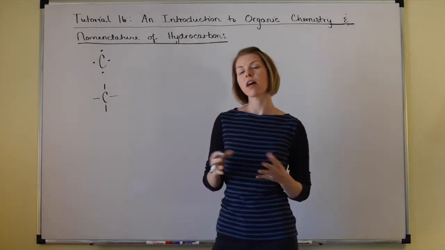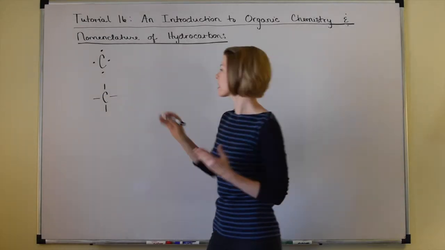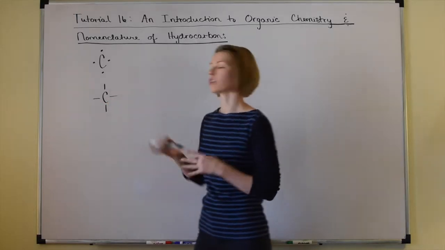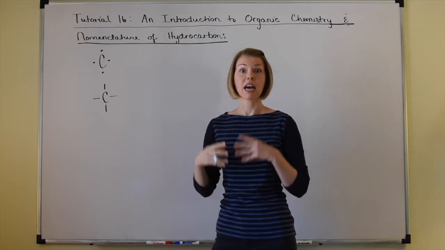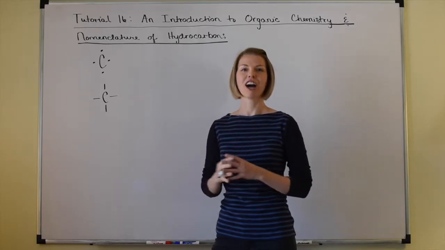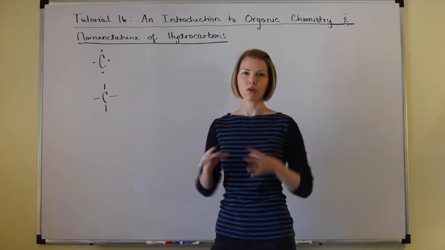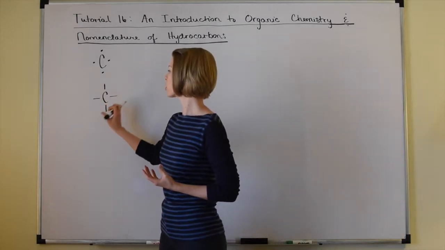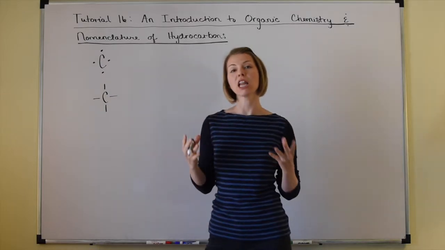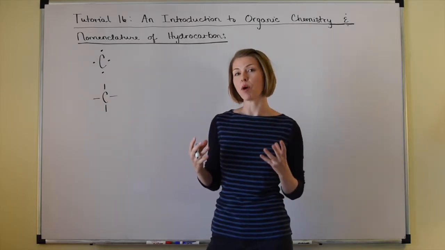And remember that although we write these bonds as if they're 90 degrees apart in three-dimensional space, that's not really an accurate picture of the three-dimensional orientation in space. Remember that these 4 charge clouds would repel maximum distance apart.